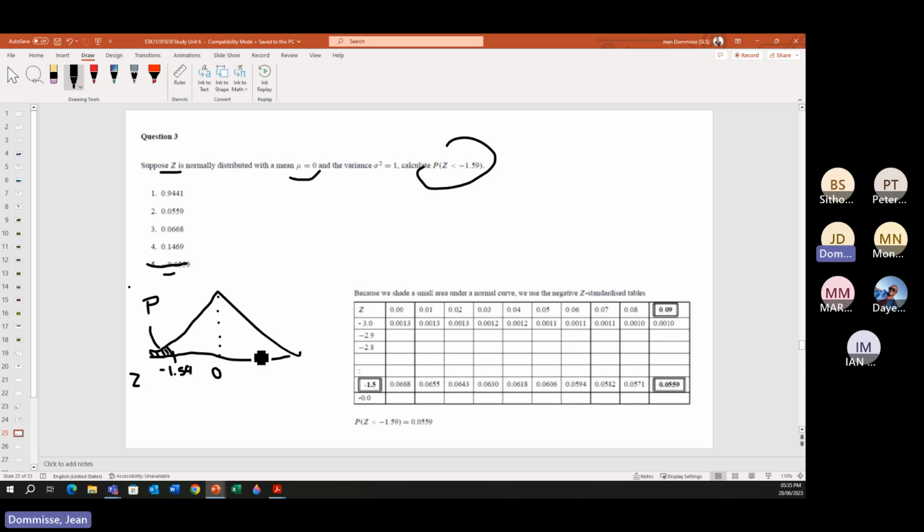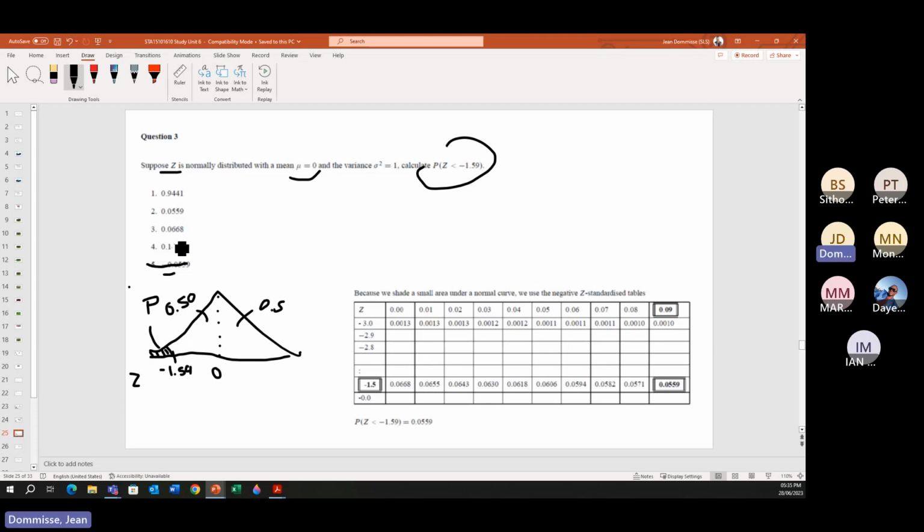Then remember that when it is normally distributed, we're working with a normal distribution that is symmetrical. So left of the line, or where the mean is 0, will be 0.5. Right of that line of 0 will also be 0.5. So when we look at this small area that we need to find, we can see that it will be smaller than 0.5.